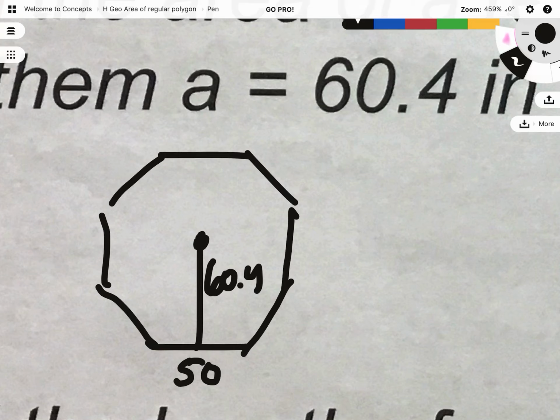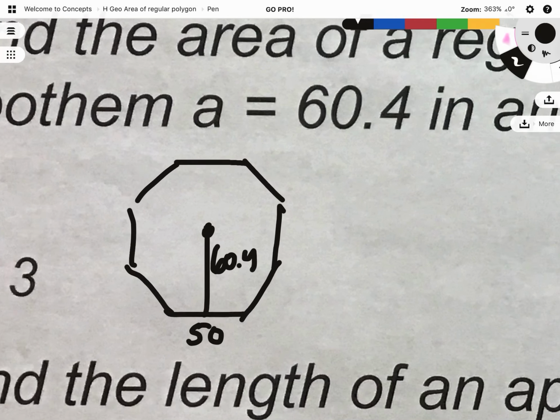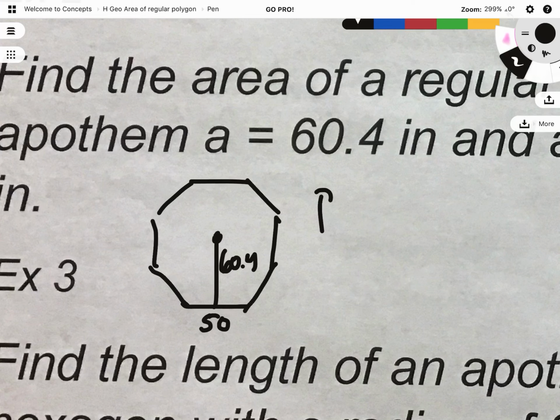So what are we missing here? We're missing the perimeter. So the perimeter, P, is equal to the number of sides times the side length.